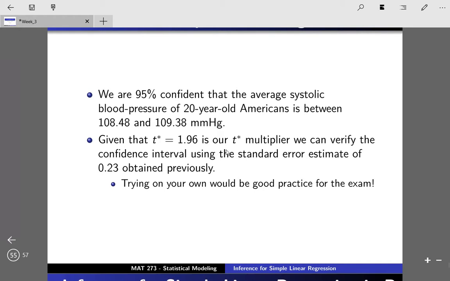Here we're giving this range of values, which is quite narrow, because we're talking about the average blood pressure for all 20-year-old Americans. And we can be pretty confident about that if we've observed, say, a few hundred 20-year-old Americans in our data set. We can get a pretty good idea of what it'll be. But individual people still vary a lot more just from person to person.